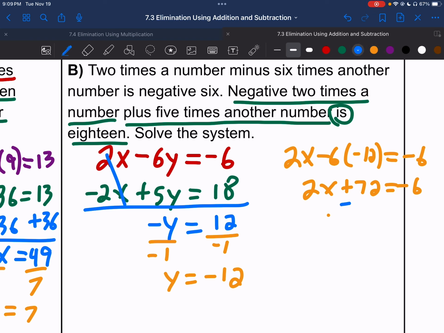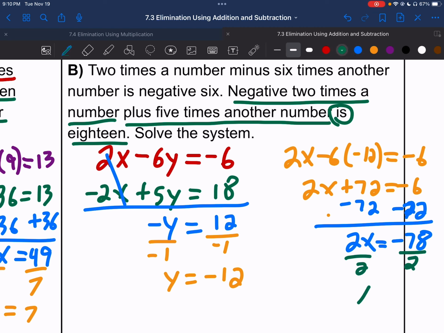We're going to subtract 72 from both sides, and we get that 2x is equal to -78. 78 divided by 2, x is going to be equal to -39. Not -39, +39. So we have our points at 39, -12.